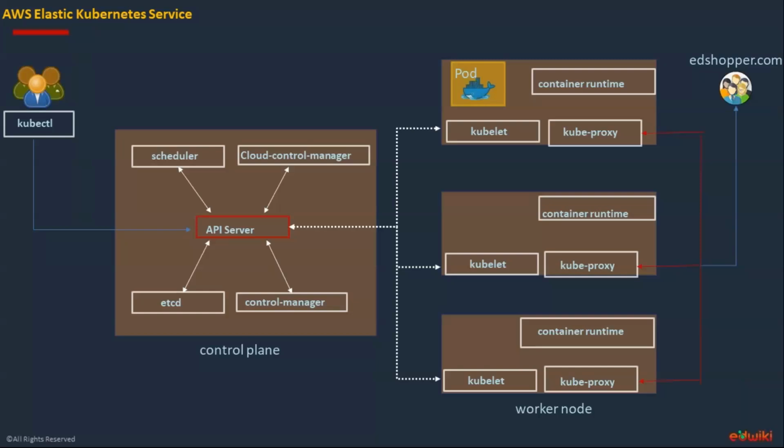So to handle all of these, it has to work with the container. But who is the owner of the container, guys? If I ask you the question, who is the owner of a container? It is the container runtime, right? Because the container runtime is the one responsible for creating a container, managing the container, everything. So I would say the container runtime is the actual owner of your container.